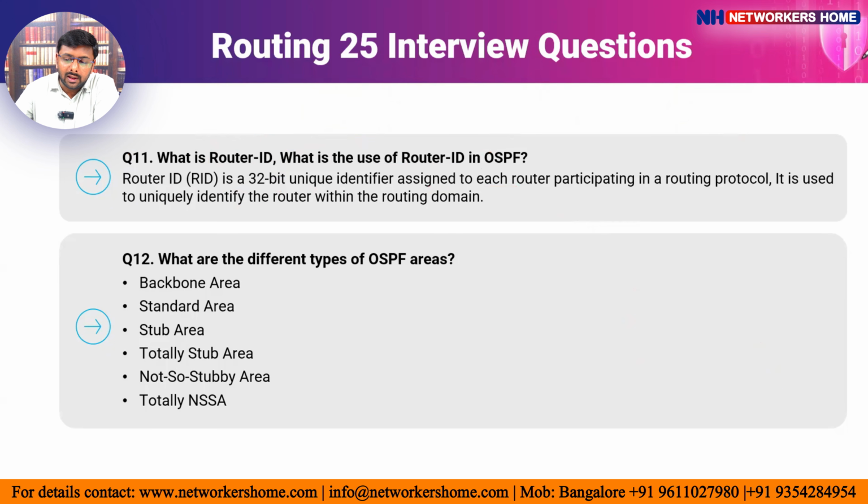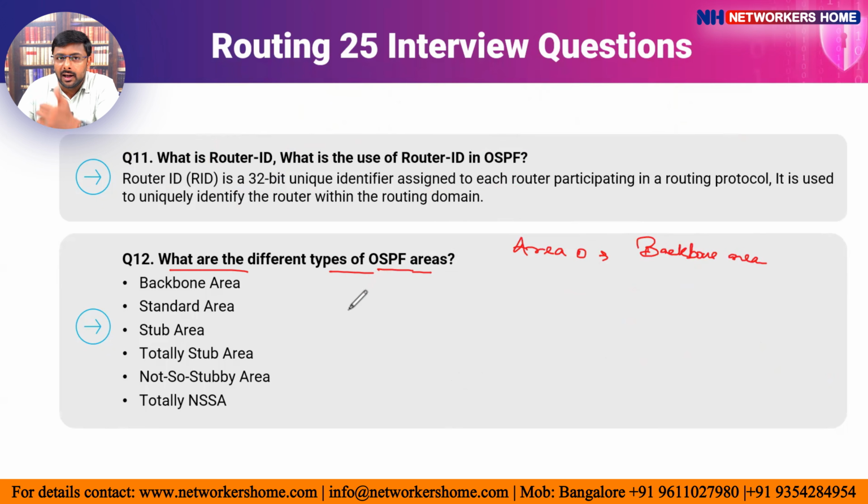Now, the next question that we have is, what are the different types of OSPF areas we have? See, in OSPF, we have one area that is called area 0, and this area 0 is called the backbone area. The router belonging to this area 0 is called a backbone router.